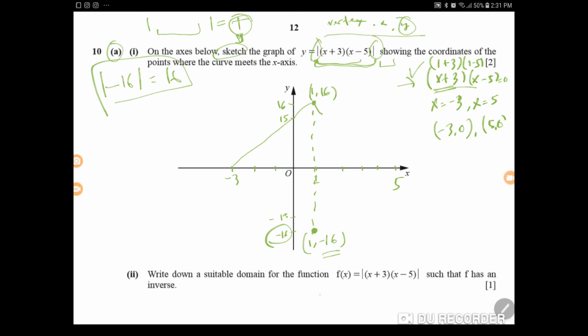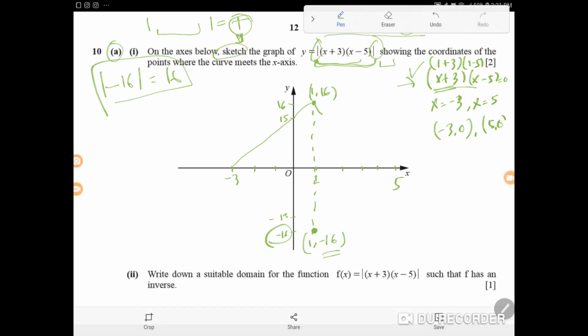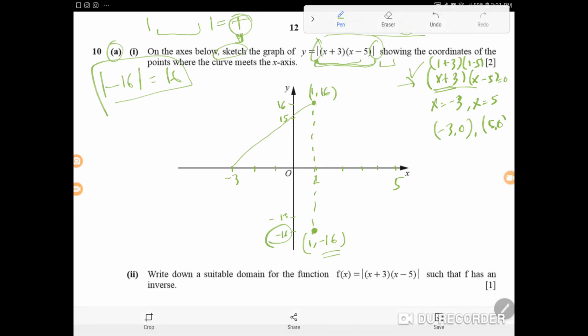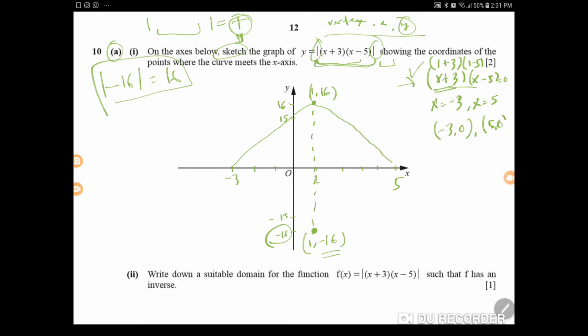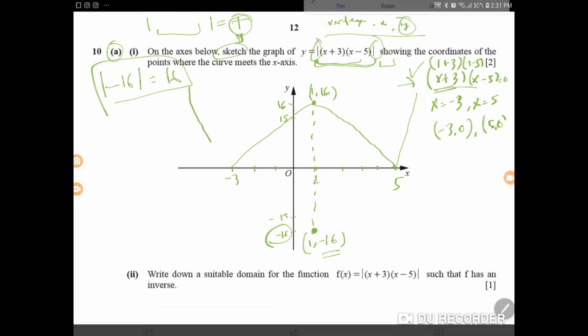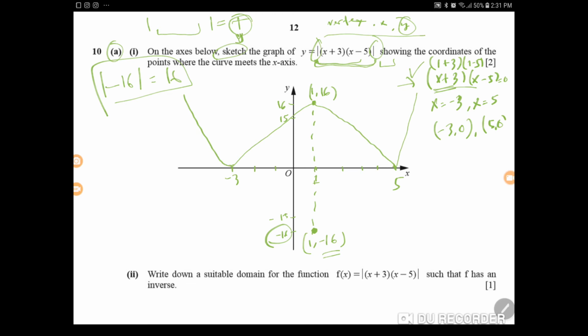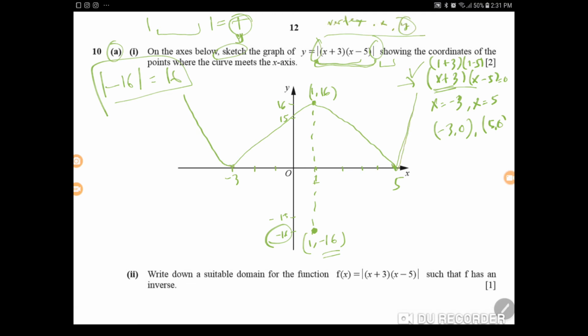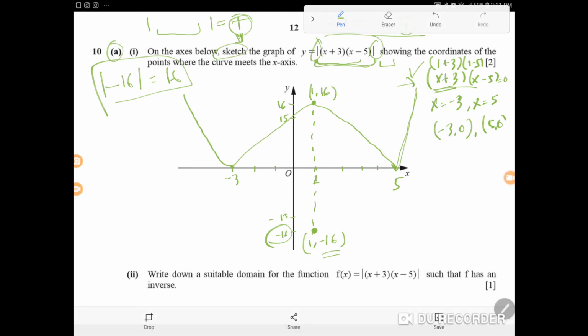This must be a very nice sketch, but yeah, the form will be like a W form.